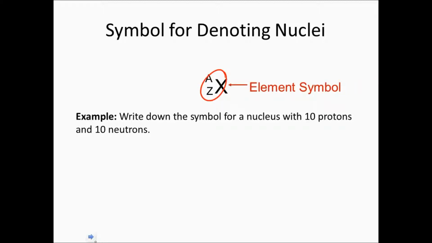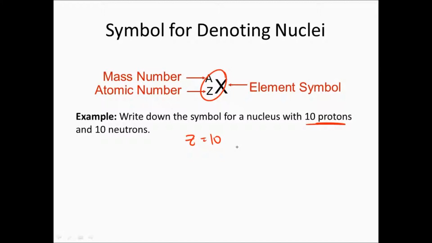The big X here is the element symbol, the 1, 2, or 3 letter symbol that denotes a particular element. We also write down the mass number up here, and we write down the atomic number here. So for example, if we have 10 protons and 10 neutrons, then our atomic number is 10, because that's the number of protons.